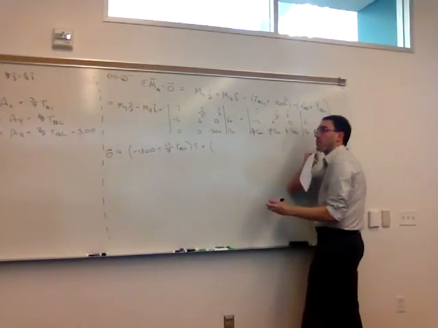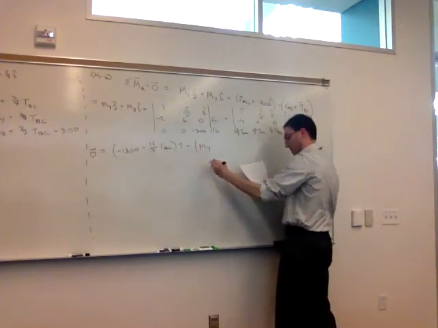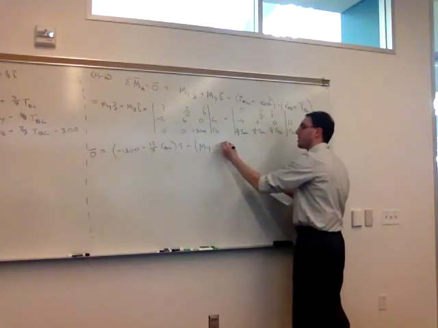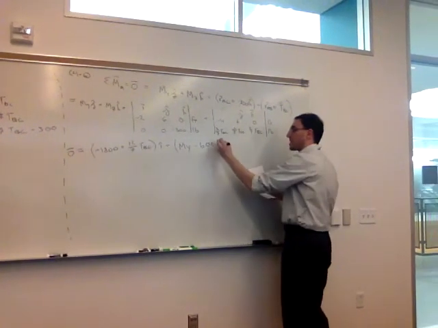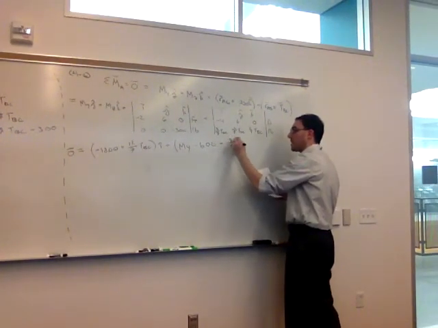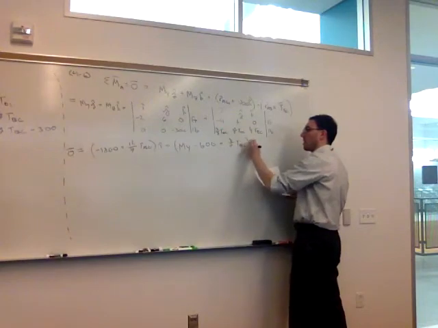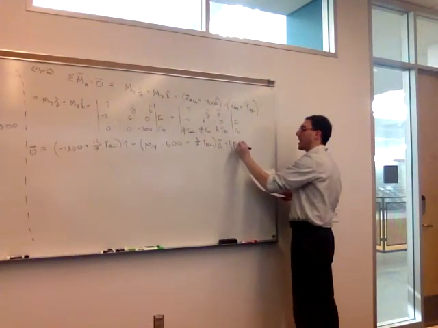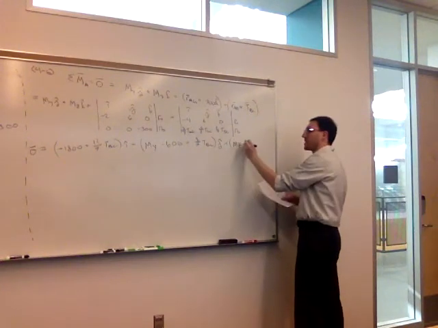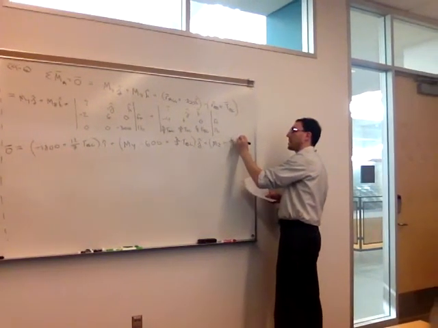Then grouping all the j terms together, I'll get My minus 600 from this cross product, plus 8/7 TBC, j hat. And if I group all the k's together, I get Mz plus 6/7 TBC.